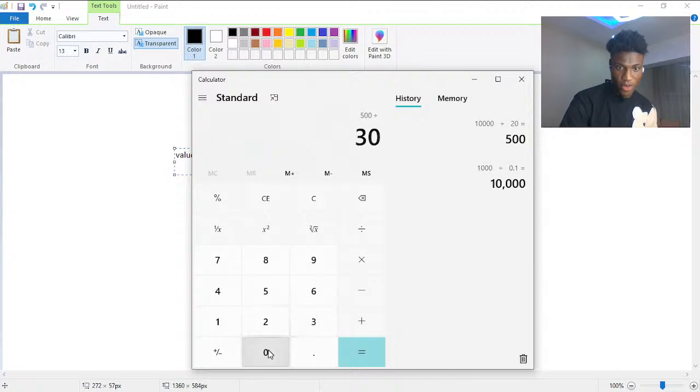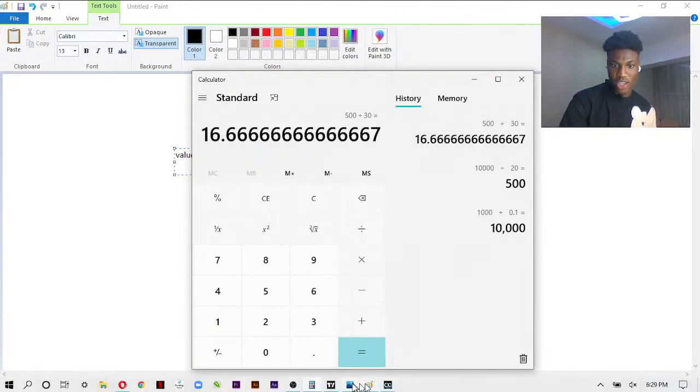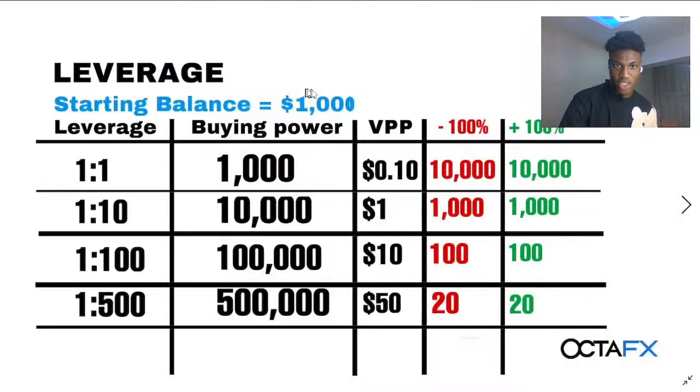If we divide this by 30 days, we get about 16 months. So without leverage, it's going to take this trader with a starting balance of $1,000 16 months to double up his trading account. It's going to take him 10,000 pips in profit.